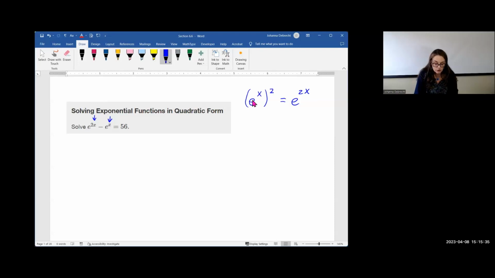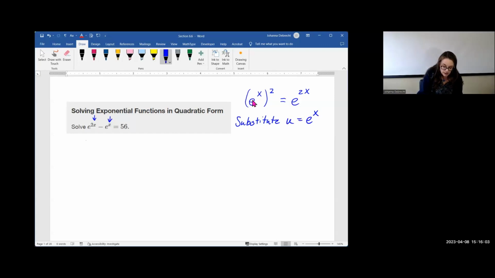So this power on the first term is double the power on the second. Whenever you have that kind of situation, it could well be quadratic in form. So I'm going to make a substitution, and I'm going to substitute u to be equal to that lower powered one, the original e to the x.